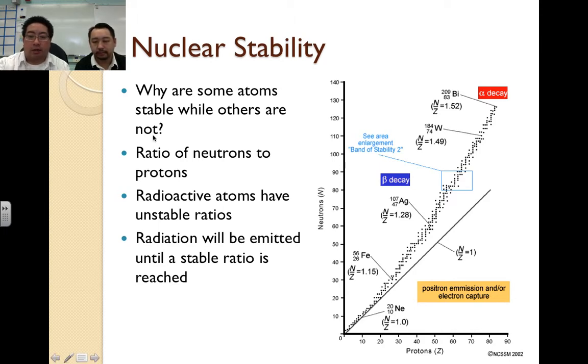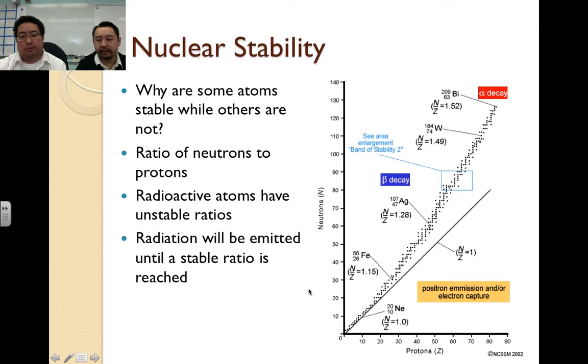So you can see here, this is our band of stability. This represents the more stable isotopes. If you're above or below or beyond our band, then you're going to give off some sort of radiation in order to work your way back towards the band of stability.